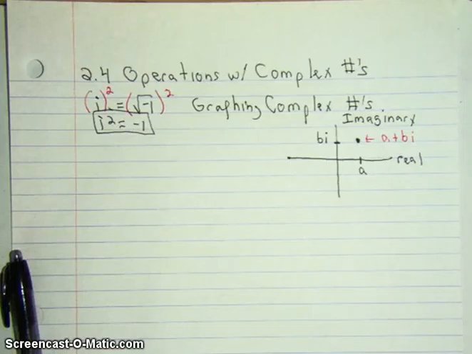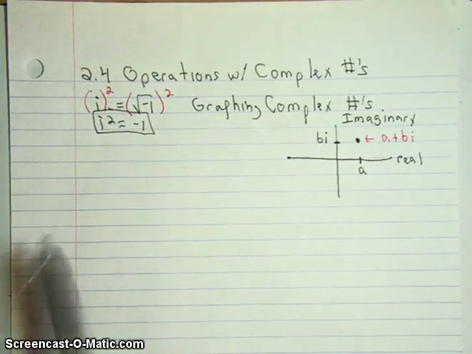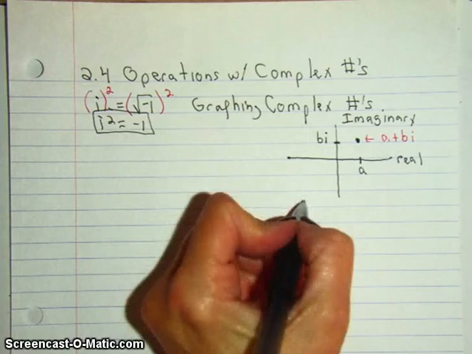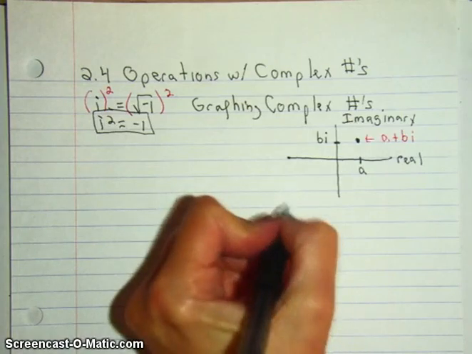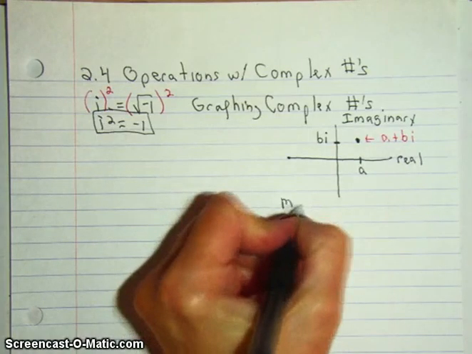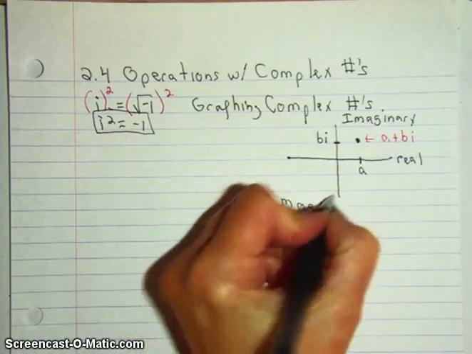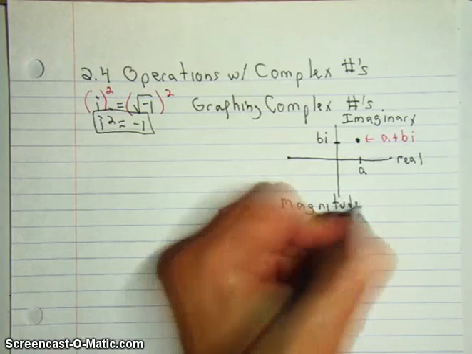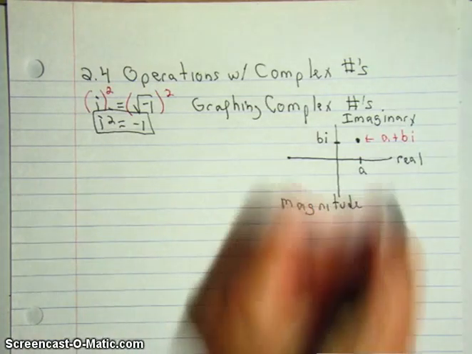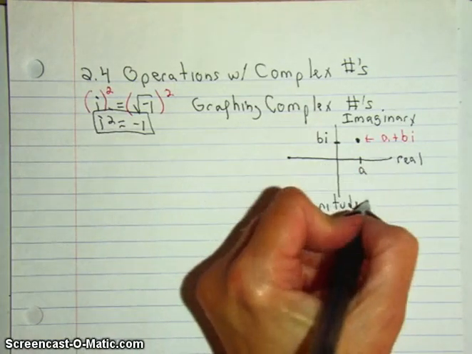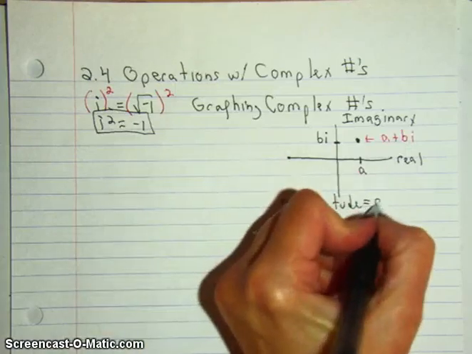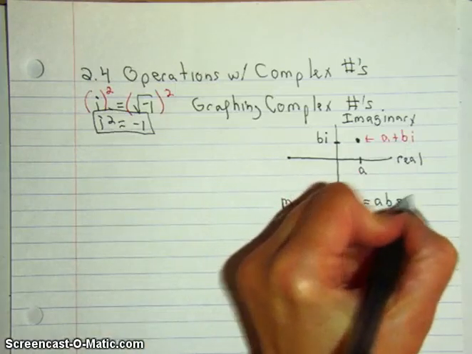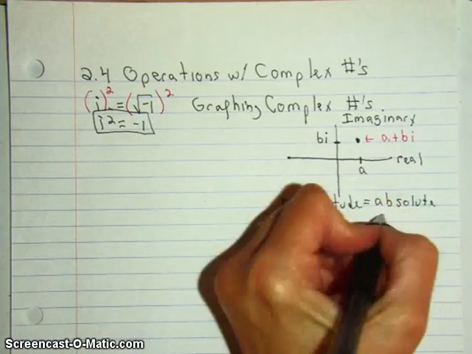Now, they're going to ask you to plot a point, and they're going to ask you to find the magnitude. Really, there's two ways that we can attack this. Magnitude is also called absolute value of a complex number.